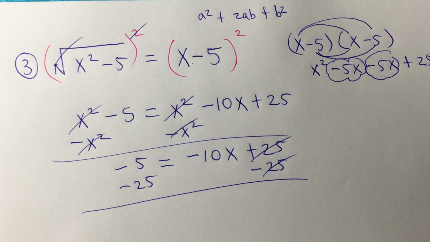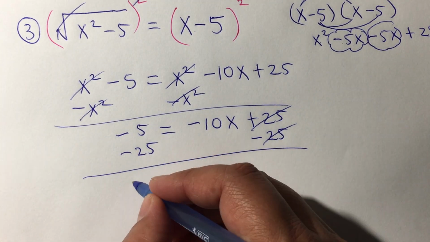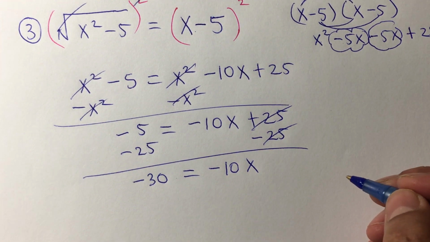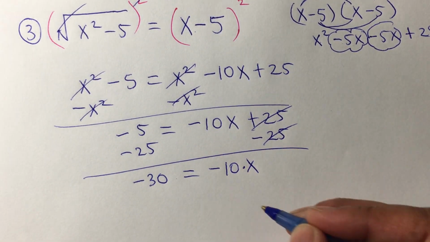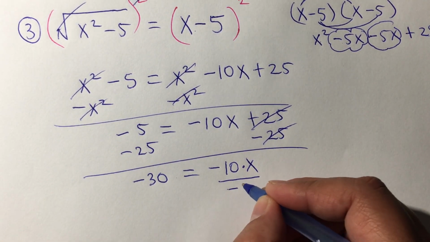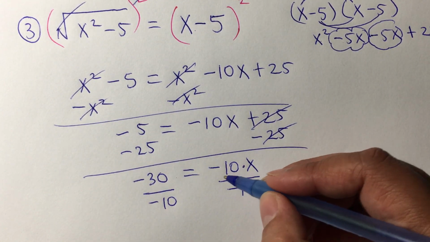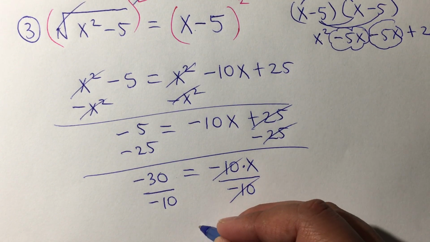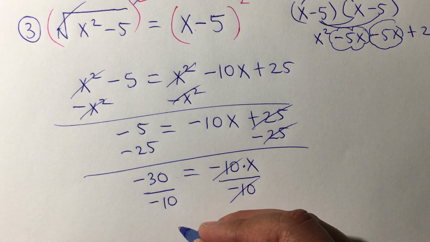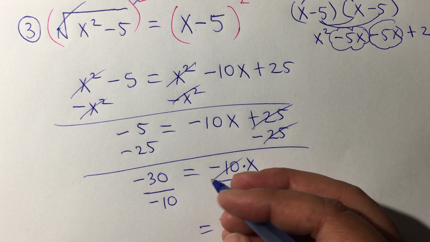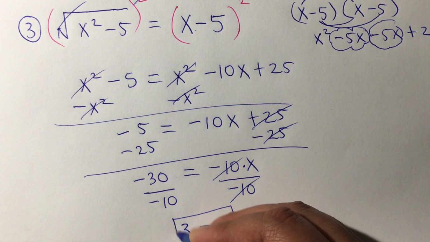That cancels, and you get negative 30 equals negative 10x. Finally, if we're multiplying, the opposite is to divide. Remember that in division, you divide with the same sign. Okay, so that cancels, and you get x equals negative divided by negative is positive. 30 divided by 10 is 3.